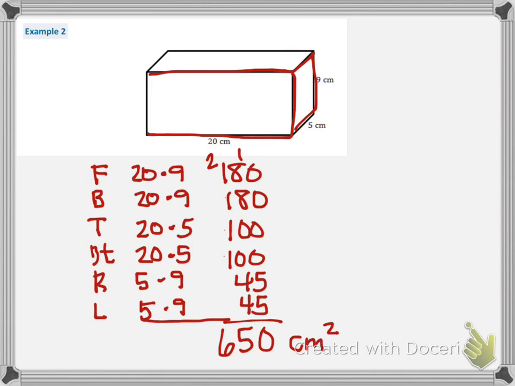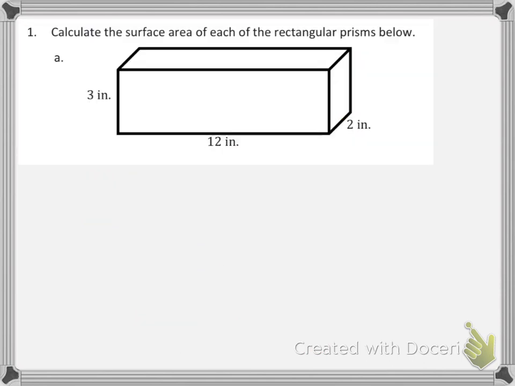All right, and that works pretty easily, right? You can see all of the sides have been accounted for: front, back, top, bottom, right, left, and then there's no confusion on which dimensions to use. I'll show you the equation just so you can see how this works.